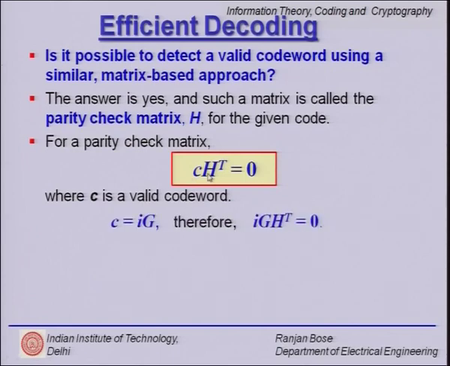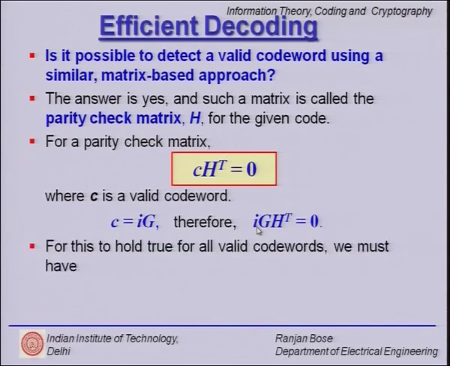Now we make a quick observation. What is C? C after all is I into G. I is the information word, G is the generator matrix. So if you put C equal to IG in this first equation, we get I G H transpose equal to 0 for all possible information words. I cannot have it specific to any particular information word.